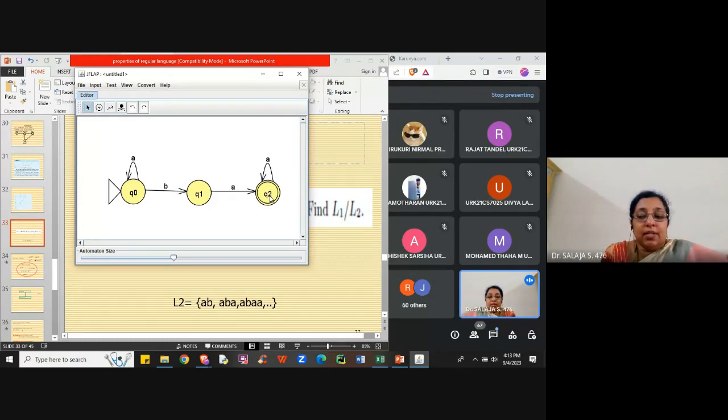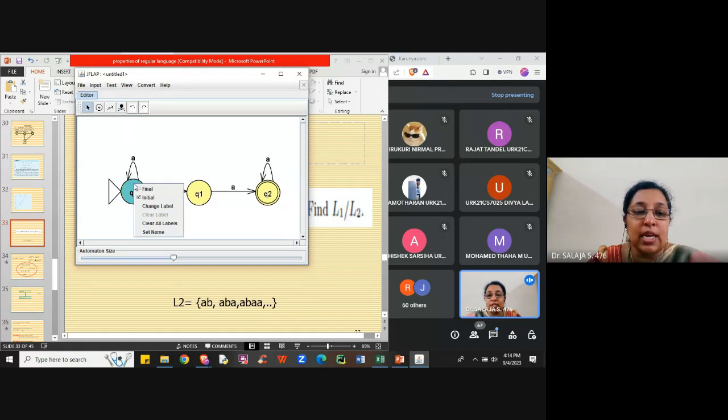Can I have some guesses from your end? We have decided that Q naught is the final state. So what will be the regular expression for L1 slash L2? We'll define L1 slash L2.